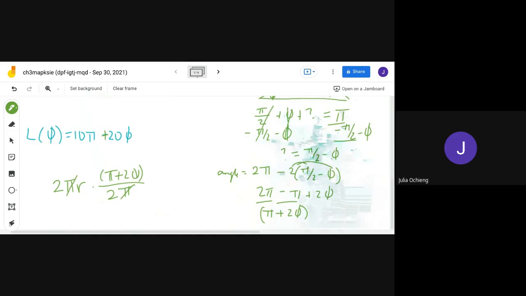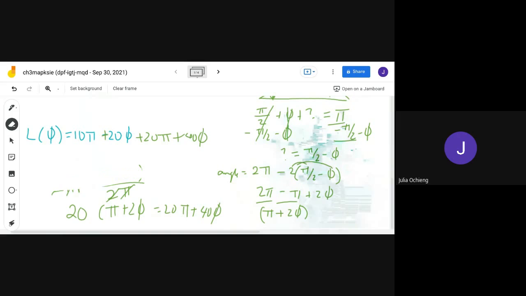This cancels with this cancels with this. My radius for the bigger circle is 20 times (pi plus 2 phi), which equals 20 pi plus 40 phi. So that's going to be plus 20 pi plus 40 phi. Okay.